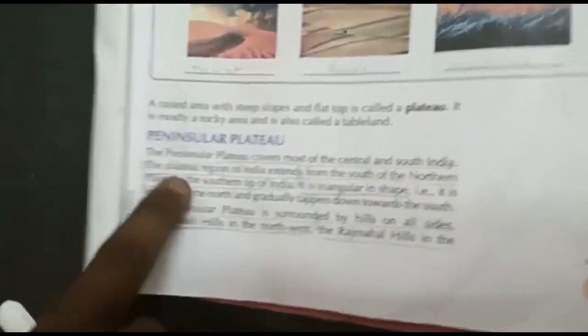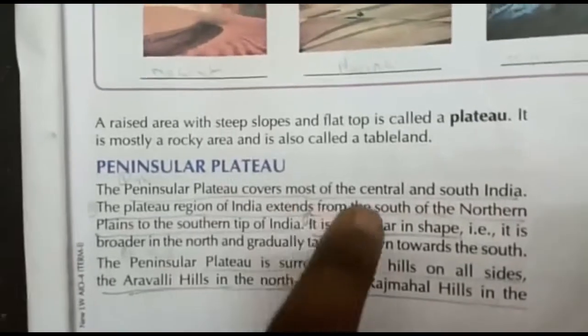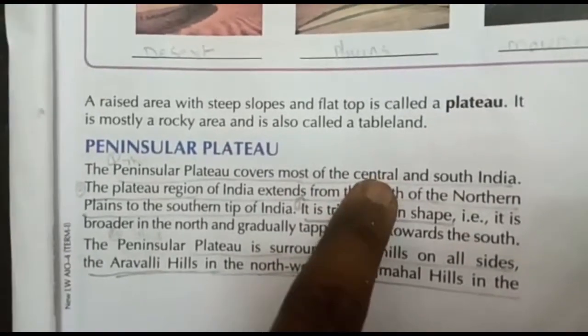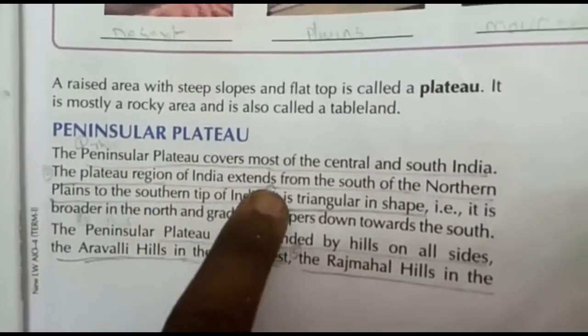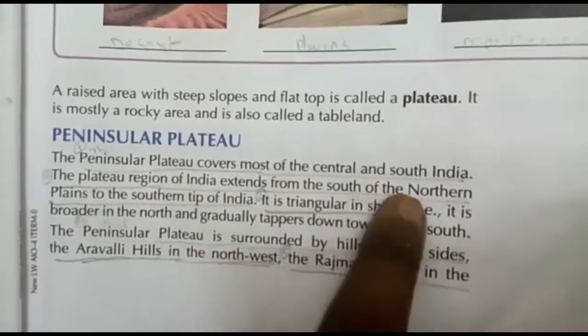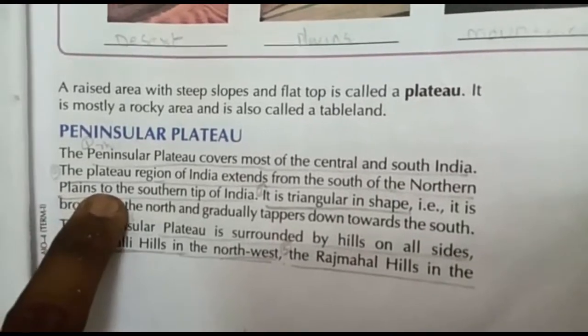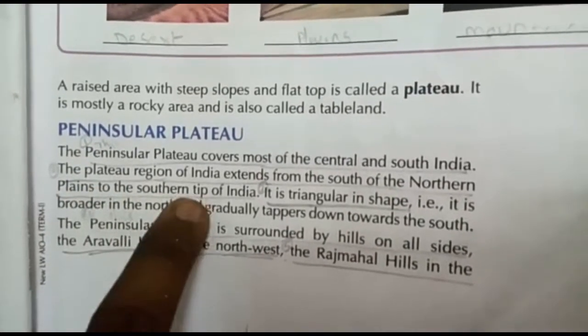Now we discuss the peninsular plateau. The peninsular plateau covers most of central and south India. The plateau region of India extends from the south of the northern plains to the southern tip of India.